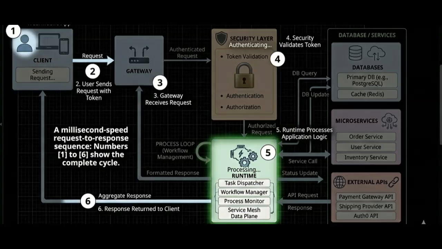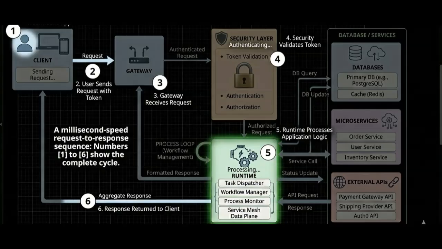Here is what happens internally. It calls the user service, then the order service, then the notification service, maybe even the recommendation engine. Each service responds separately. Then the runtime combines all the responses into one single structured response and sends it back. This is called service orchestration.